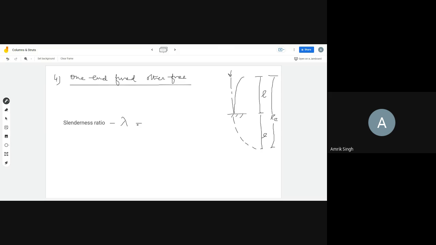This is equal to the ratio of effective height of the column, effective height of the column or effective length of the column, you can say.